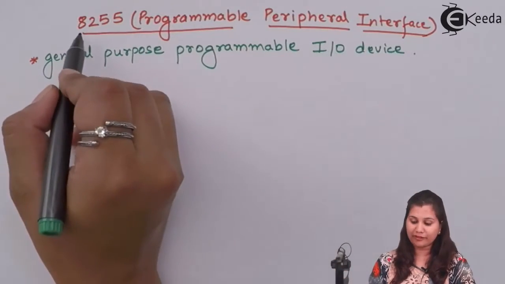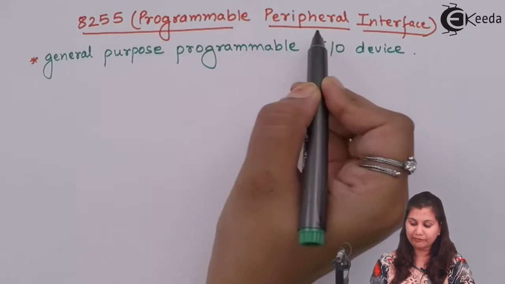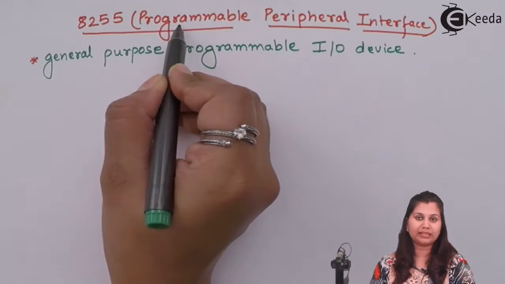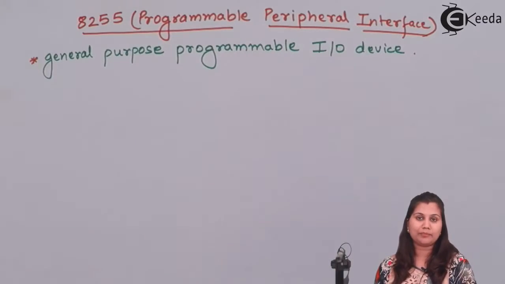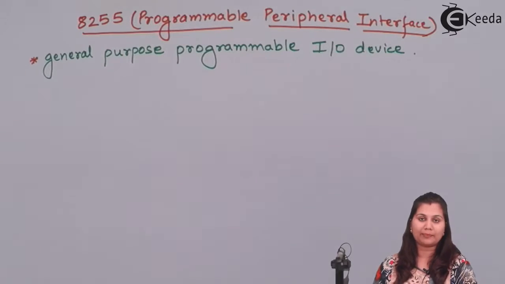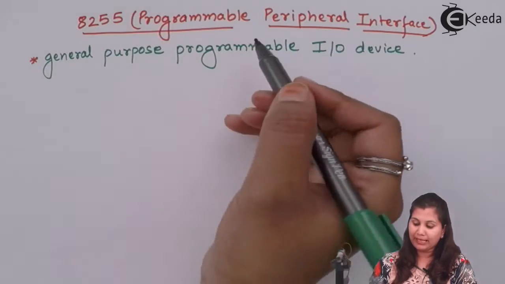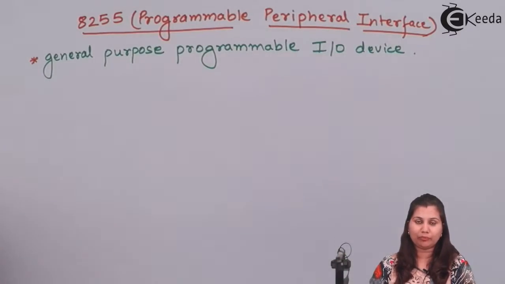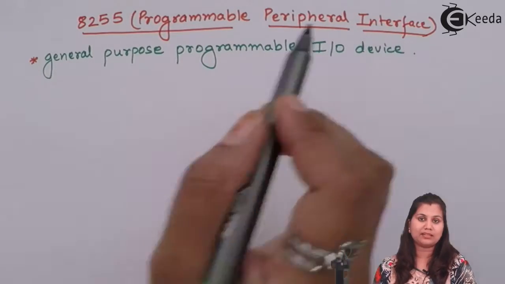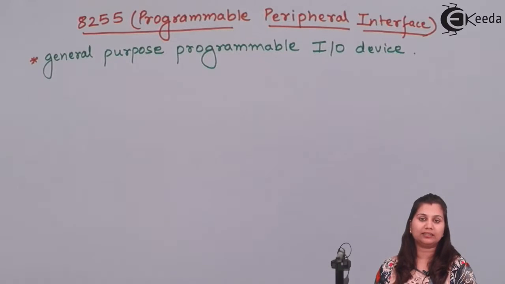This 8255 is known as Programmable Peripheral Interface. So programmable means that this can be programmed. We can write programs in this 8255. And peripheral means input output device, and interface means a path which is providing the communication between two components.